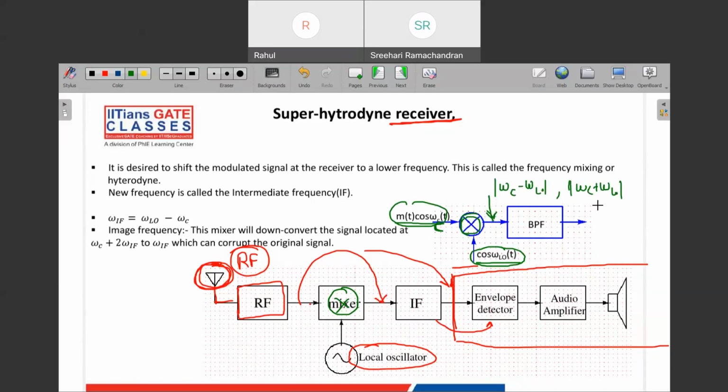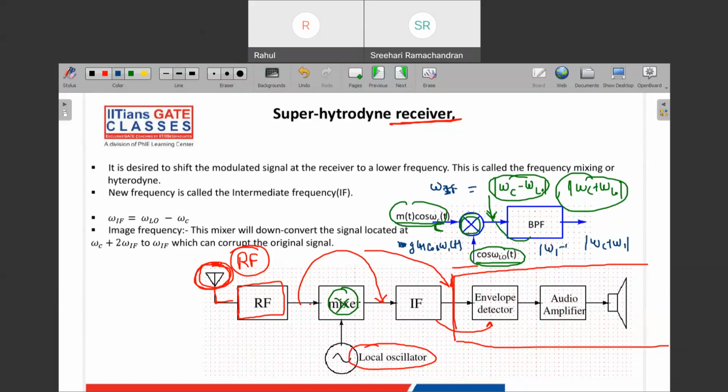Now, this is what we want to pass through this filter, and this is the one we want to be rejected by this filter. This omega_c minus omega_LO is the frequency which we call the intermediate frequency, omega_IF. Now let's take another case where we have some other message, let's say g(t) cos omega_1 t. After the down conversion, we get omega_c plus omega_1, and omega_1 minus omega_c. These two signals we are getting.